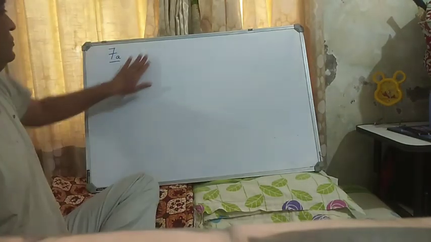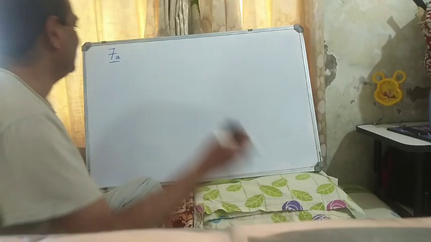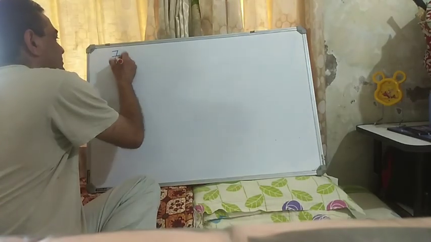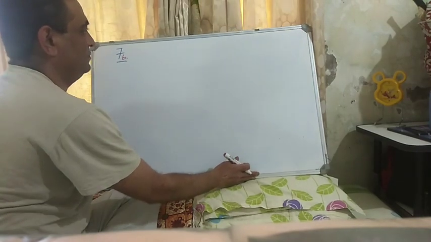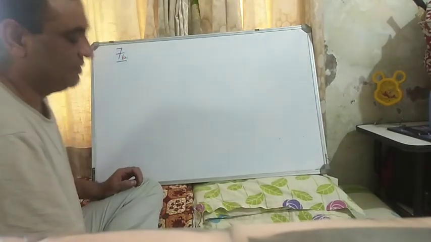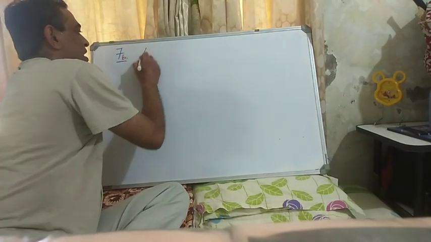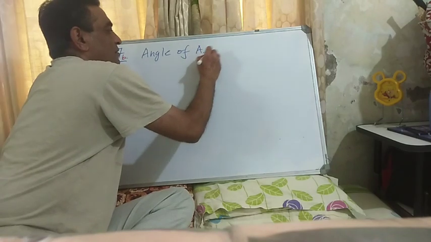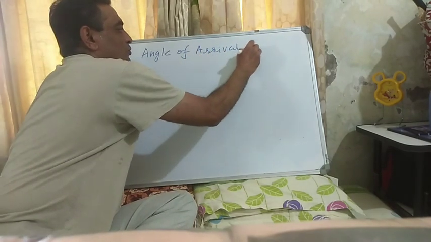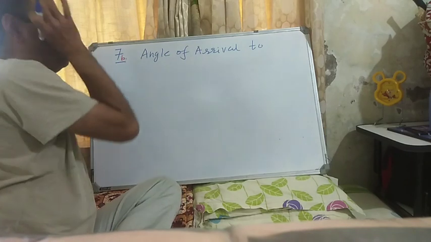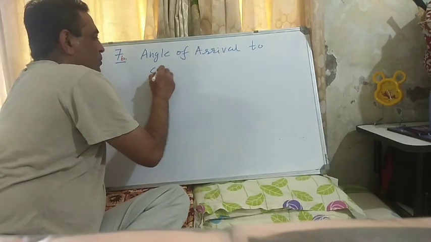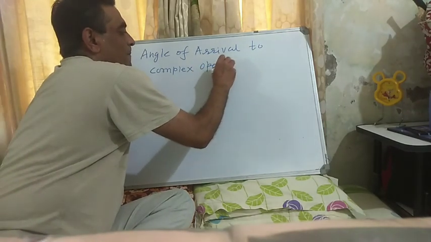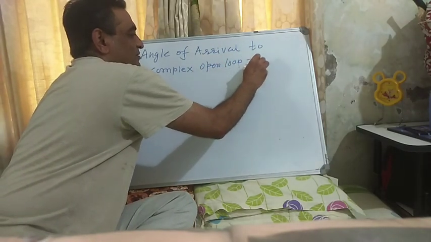Now I am talking about rule number 7b, that is angle of arrival to complex open loop zeros.